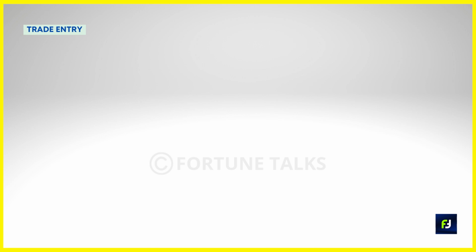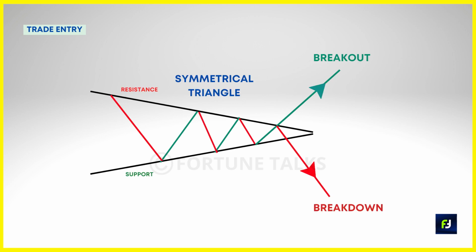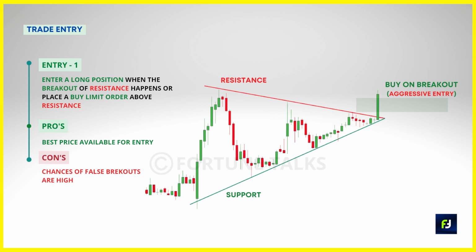Now, wherever this pattern forms, we have to consider two scenarios. First is a breakout above the descending trendline resistance, and the second scenario is a breakout below the ascending trendline support level. Let's say the price breaks the upper trendline resistance level. Then you have four possible long entries available.